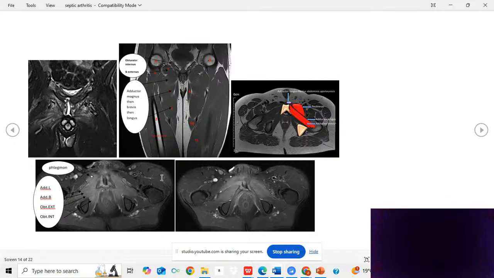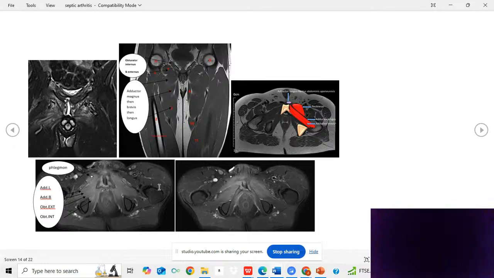Here, these are post-contrast T1 weighted images with fat suppression. So here, this is the normal signal of the muscle of intermediate signal.